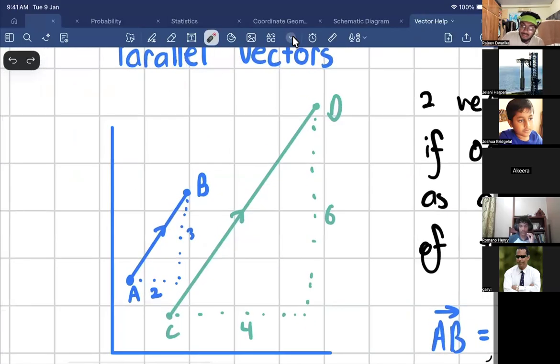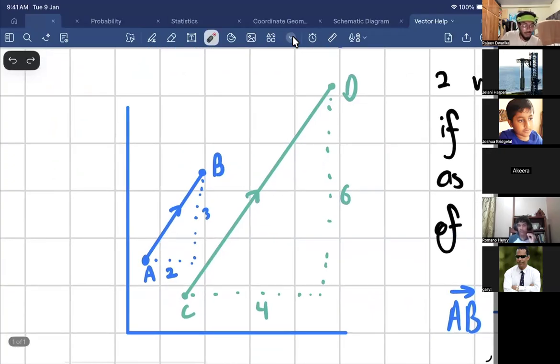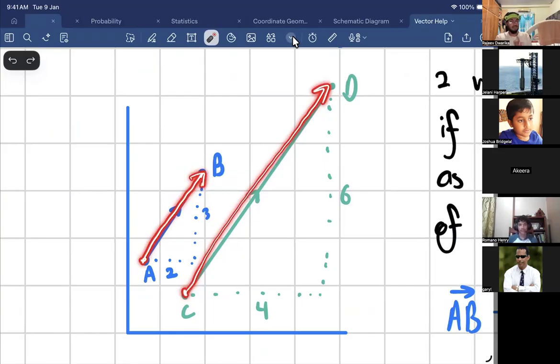Now, again, I'm not asking any hard questions. Do both of these vectors start at the same point? Yes or no? No. Vector AB starts where? At A. Where does vector CD start?